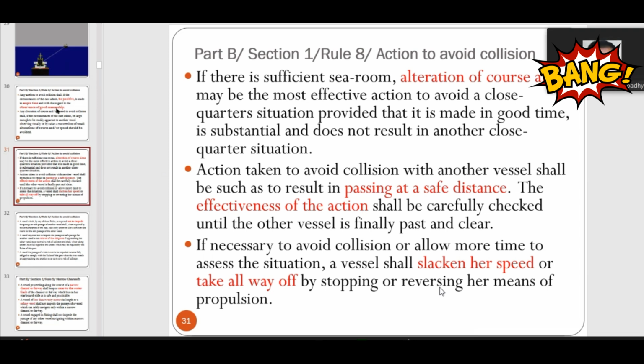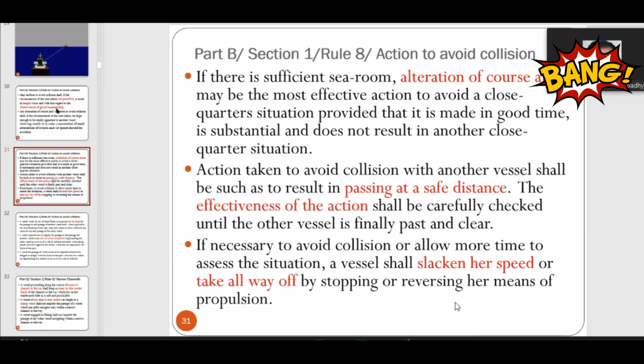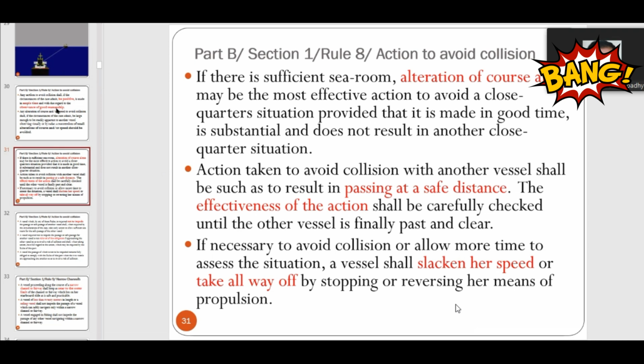The next paragraph: action taken to avoid collision with another vessel shall be such as to result in passing at a safe distance. This basically means the effectiveness of the action. The effectiveness of the action shall be carefully checked until the other vessel is finally passed and clear.